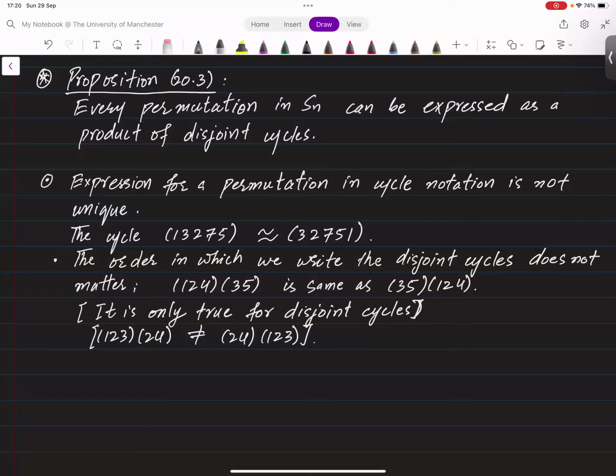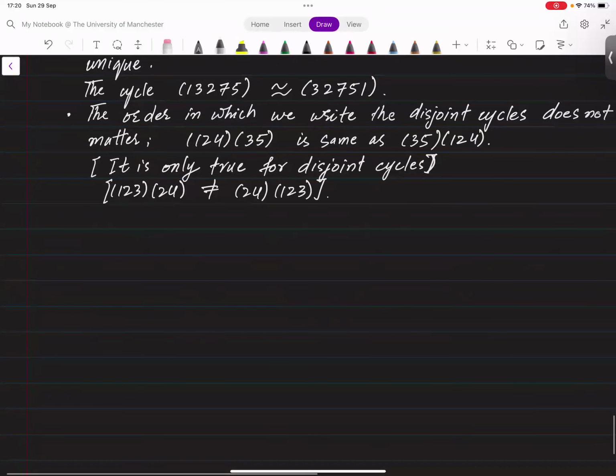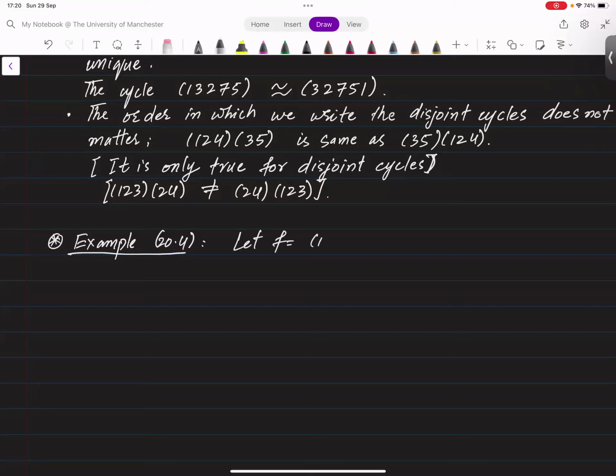So, we can give an example now. Let F be a permutation in cycle notation in S6 and G be a permutation in cycle notation in S6 also.